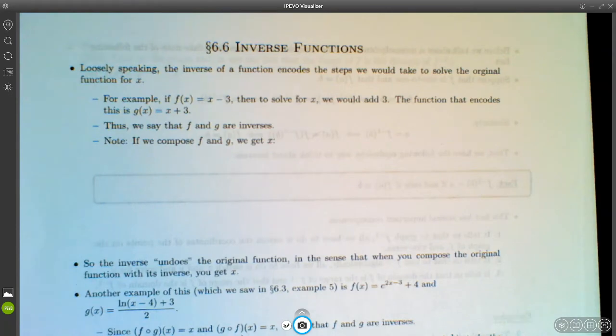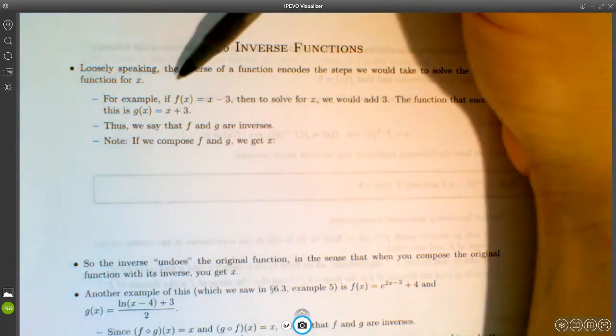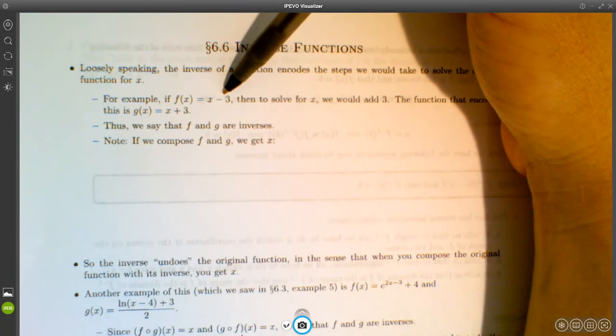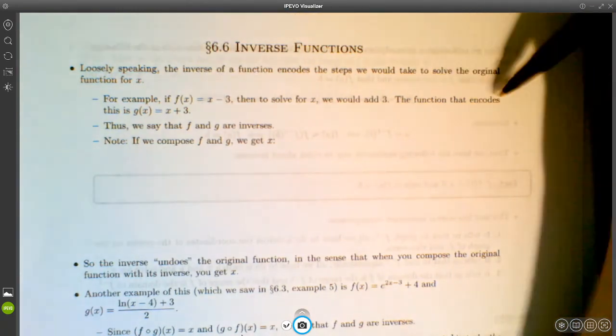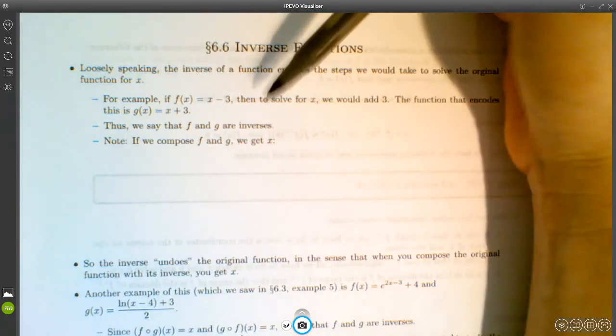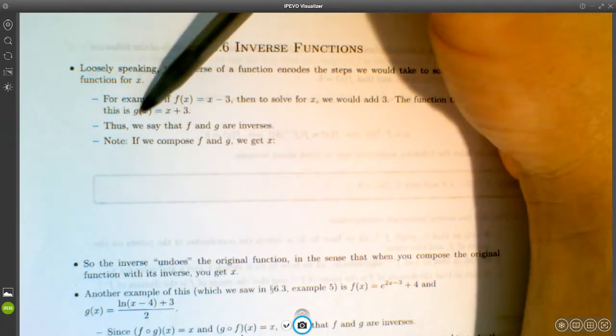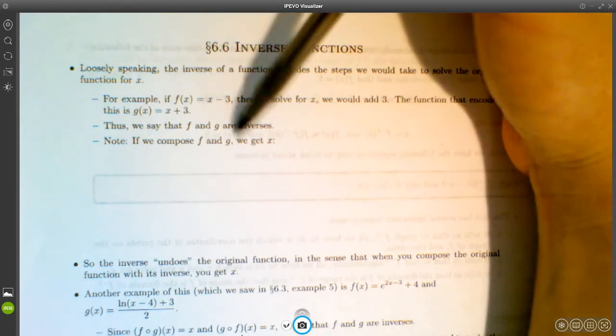Okay? So, for example, if f of x is x minus 3, then if we wanted to solve this for x, we would add 3 to both sides, and the function that encodes this is x plus 3. So we would say that f and g are inverses of one another.